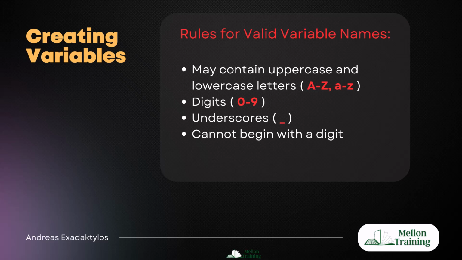Variable names can contain uppercase and lowercase letters. Any of those are fine. It can include digits. It can include underscores. And the one trick though is that it can't begin with a number, can't begin with a digit. So let me give you a couple of examples.